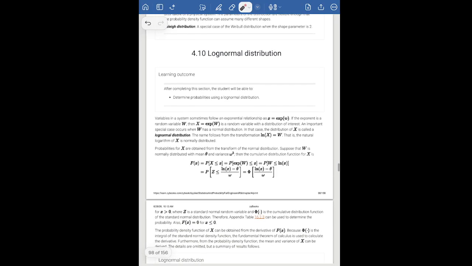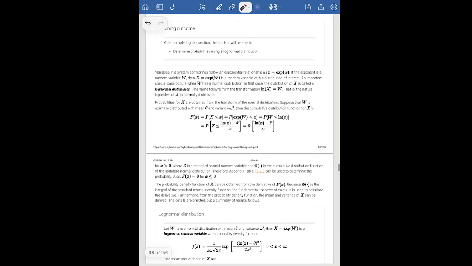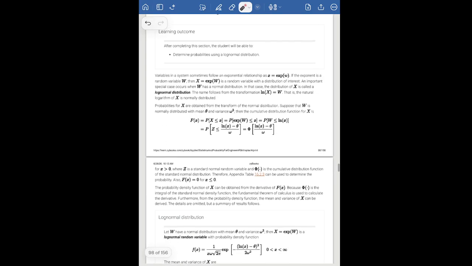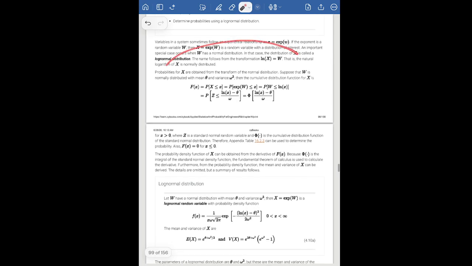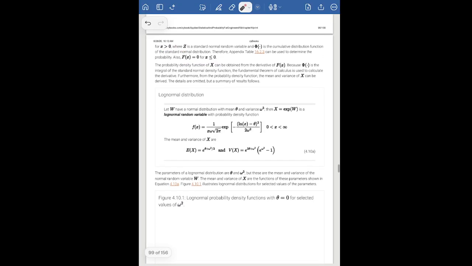Now log normal distribution. We have another one here. Notice that you have the log or logarithm that's going to come into this normal situation. If you think about it, that's where we can actually go through the derivations of what one would do to actually come across this normal distribution that has a log associated.